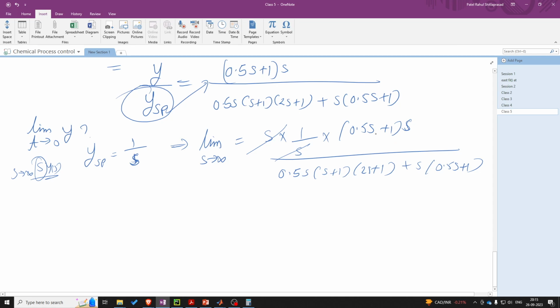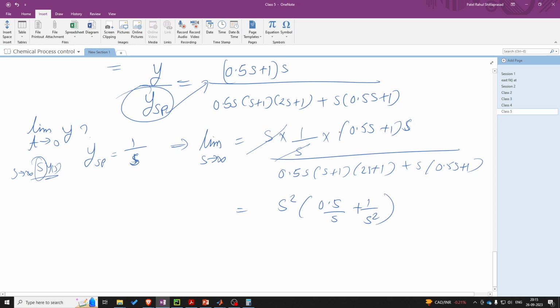Since the numerator will have a term of s square, we need to cancel it out by taking s square common from the denominator, both sides.